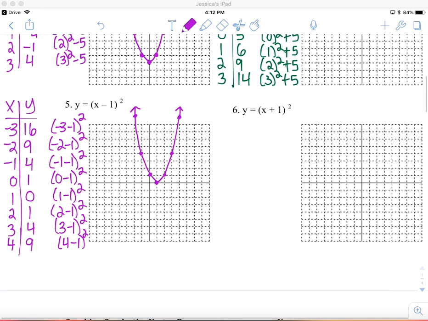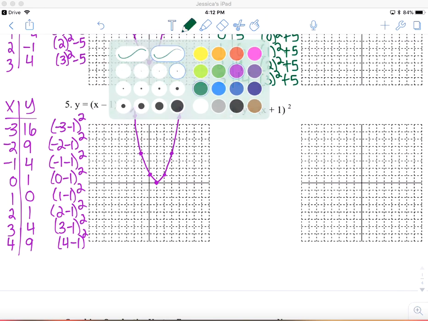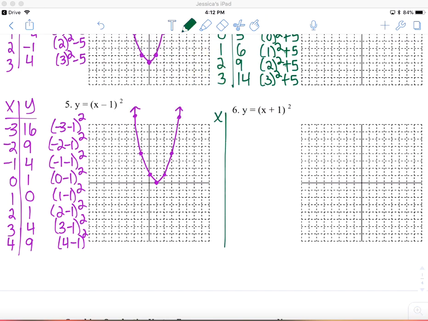Let's compare this with number 6. On number 6, if I go from negative 3 to positive 3, negative 3 plus 1 is negative 2. Negative 2 squared is 4. Negative 2 plus 1 is negative 1.